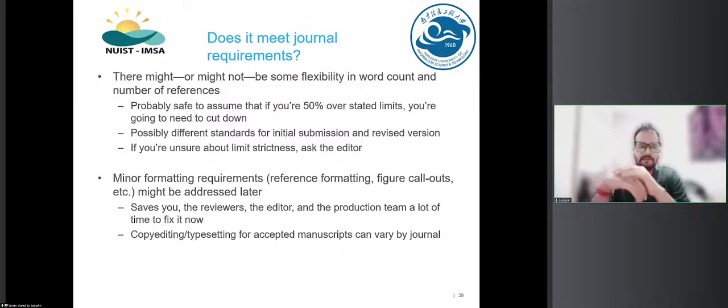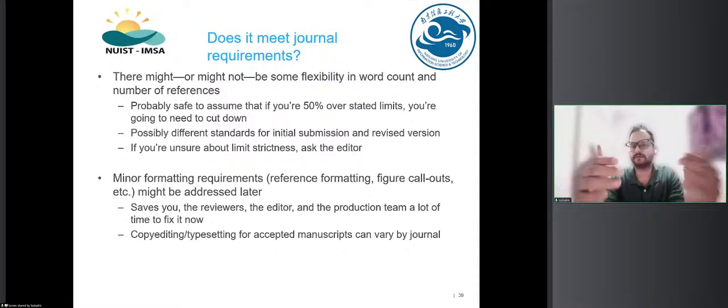The editor that is running a journal knows what is going on, what the researchers and students are doing. They are just copy pasting and submitting it. So you should not do it. If it is very necessary, you can do it, but you should also provide your own input.